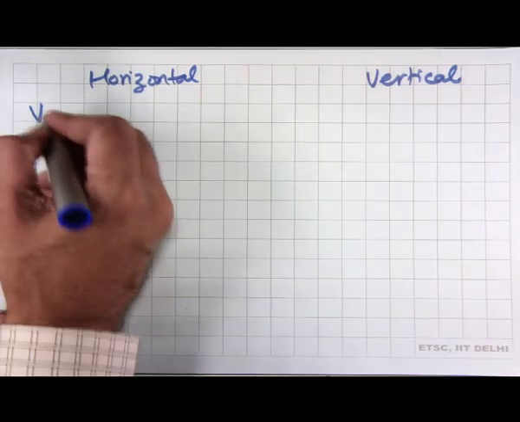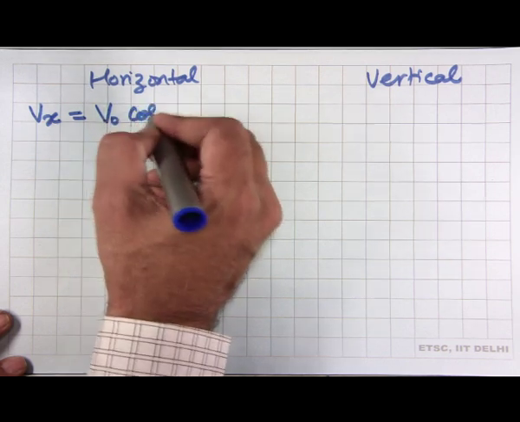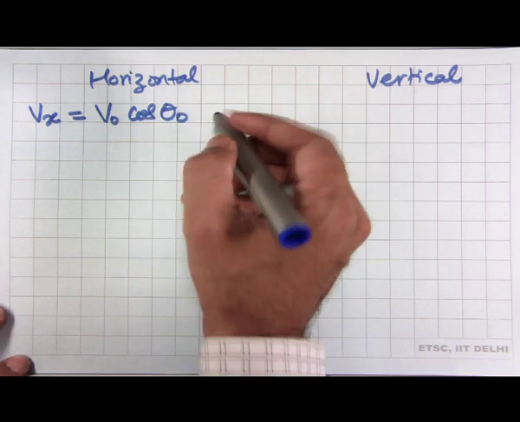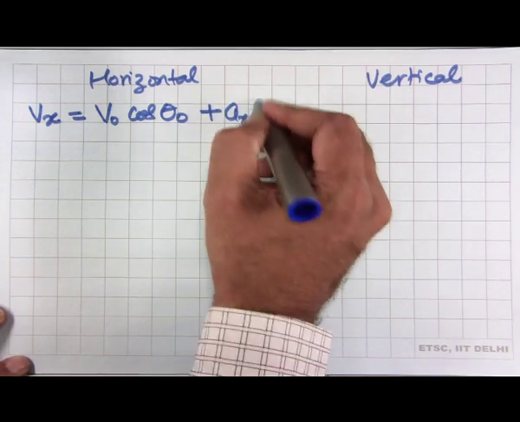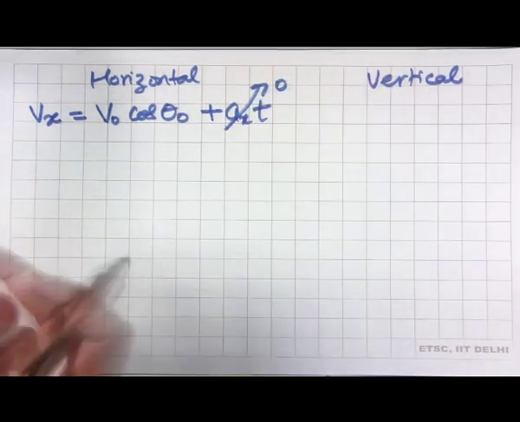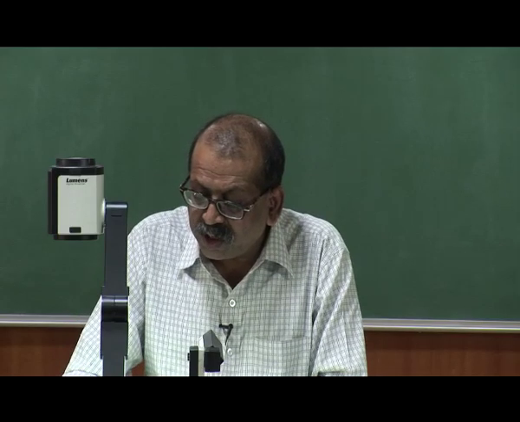At any time t later, Vx will be given by V0 cos theta 0 plus Ax times t, but because Ax is 0, the x component of velocity will be constant.